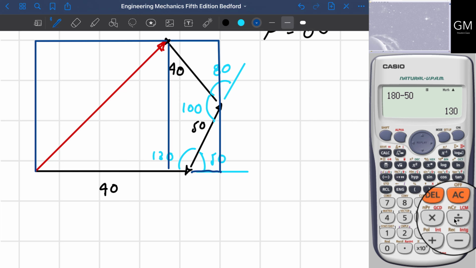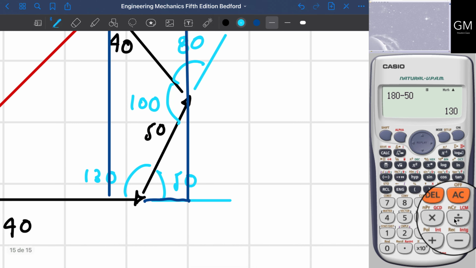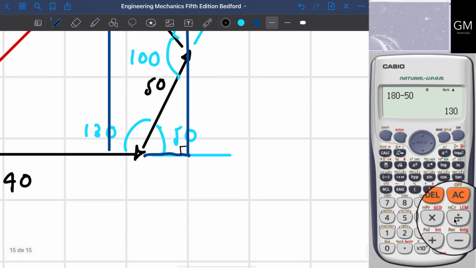I already know what I'm going to do. At least I think so. Okay, what I'm going to do first is to say that this is 50 degrees and right here I have an angle of 90 degrees.